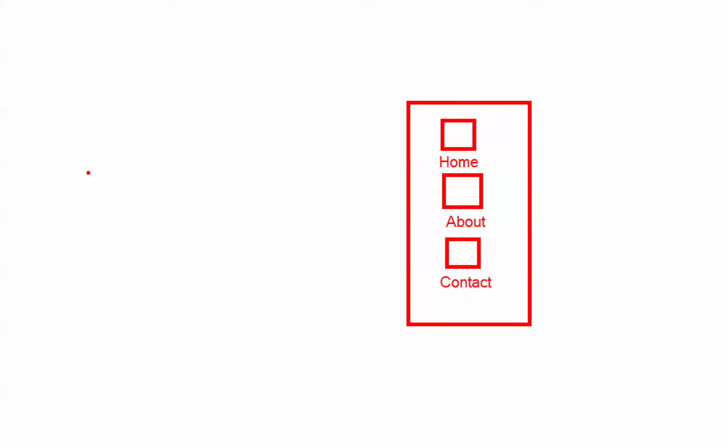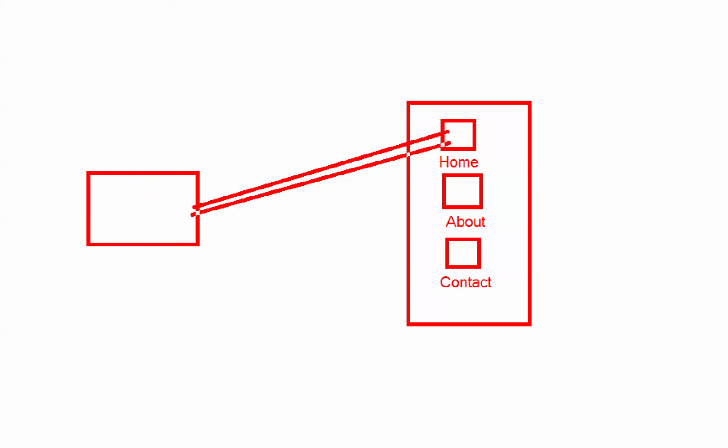Now, this is the browser. I'm sending a request to the server. Then first of all, the home page is loading here, and we have the hyperlinks for the about page and contact page.